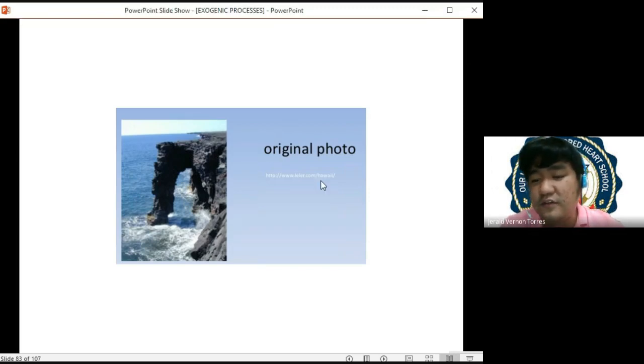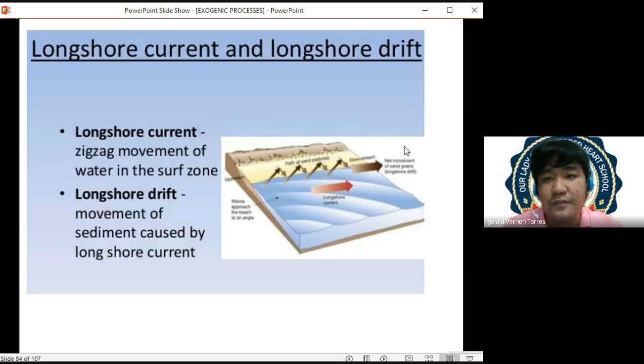Anyway, this is the original photo where I took those different erosional landforms. Now, another thing we need to consider is what we call longshore drift and longshore current.